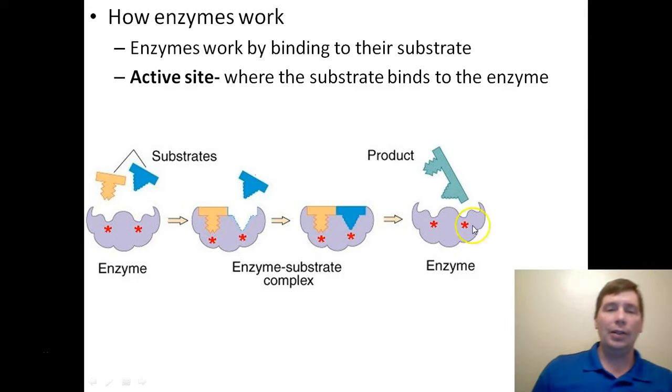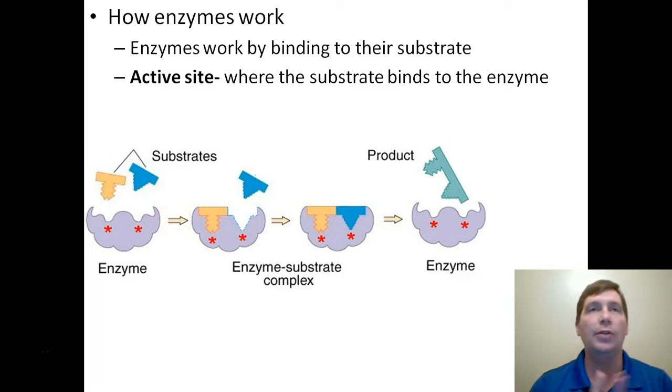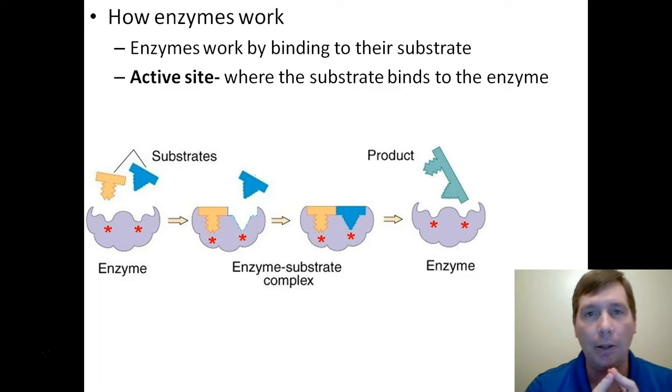So all enzymes, in order to work, have to bind to their substrate. And if the enzyme can't bind to its substrate, it doesn't work anymore. So the enzyme binds to its substrate, and then it either joins those substrates together if it's an anabolic enzyme, or it tears them apart if it's a catabolic enzyme.